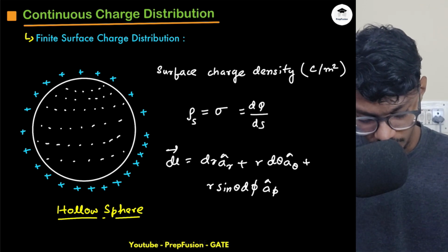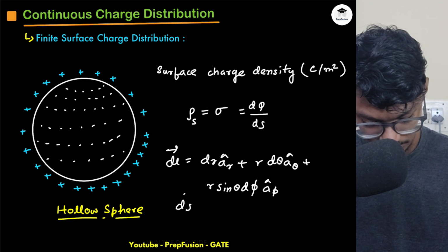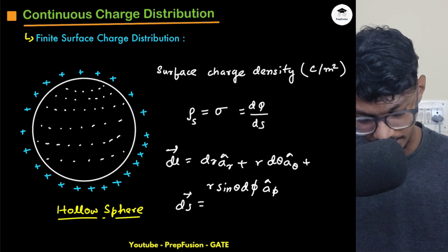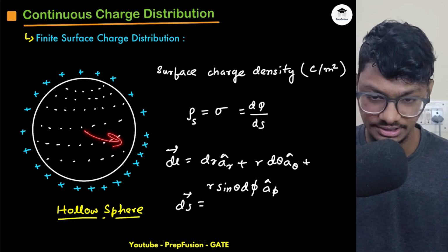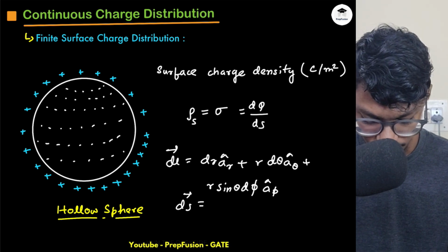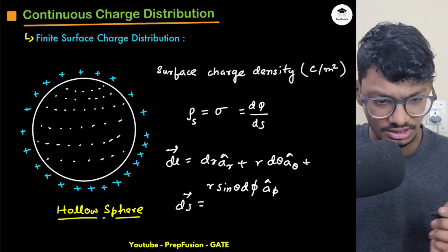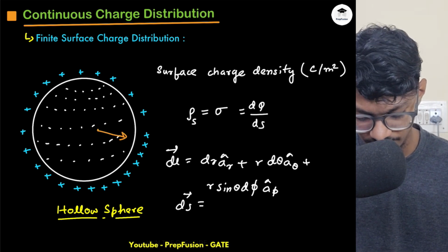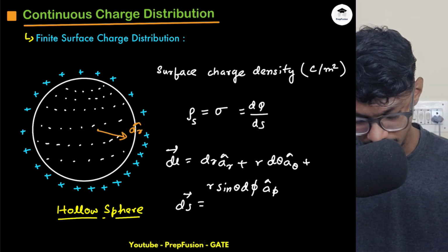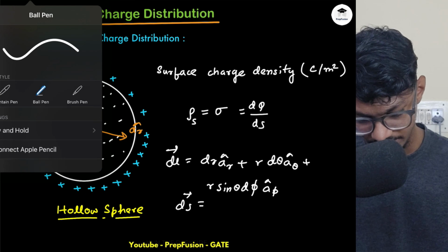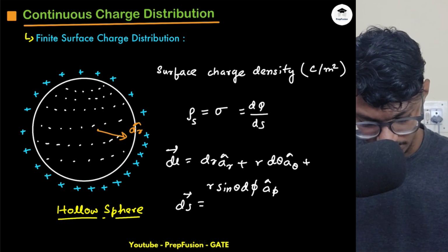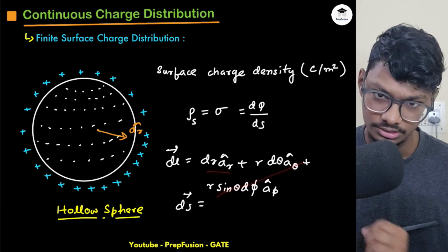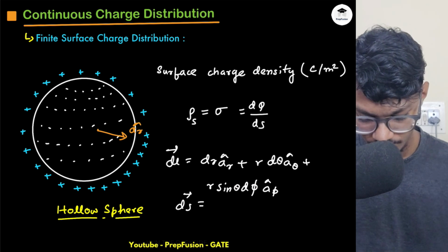If I want to write my ds vector, in what direction is it? Let's assume this is in the ar cap direction. If I find the direction of the surface, it will be in the ar cap direction. So I will ignore this and take all the other things, and the direction will be ar cap.